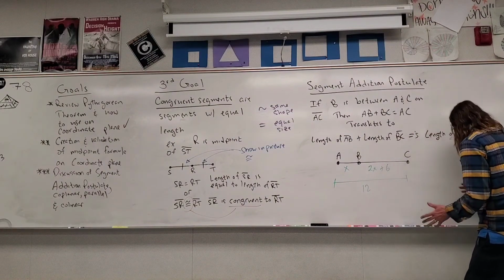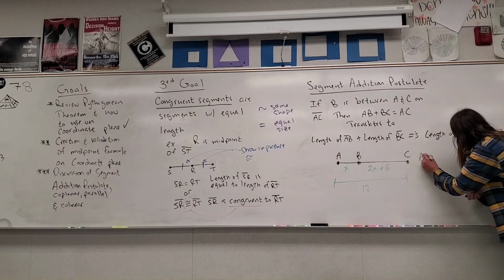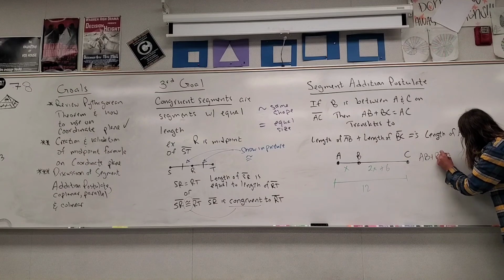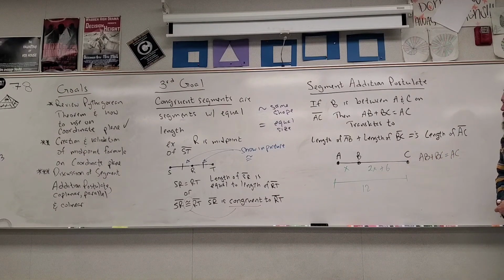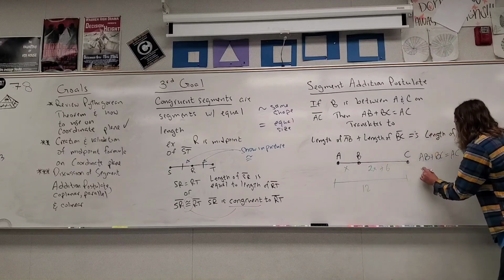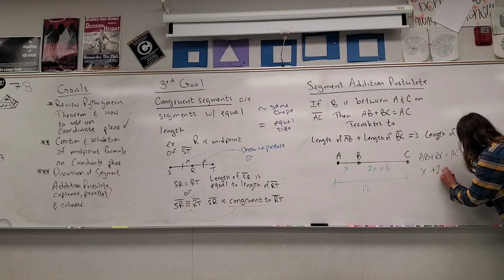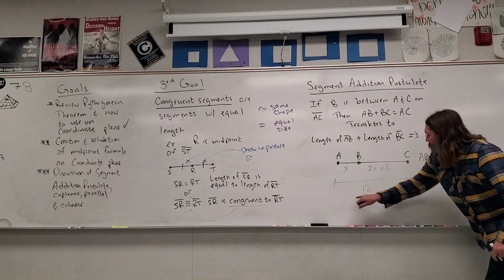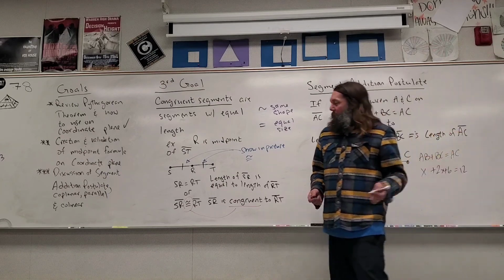I could write my segment addition postulate out like this, and then I can substitute in the lengths. From A to B, it's x. From B to C, it's 2x plus 6. And from A to C, it's 12. And then we go about solving it as we normally would.